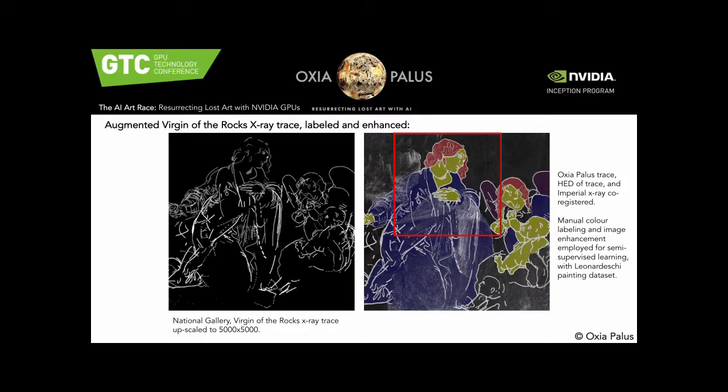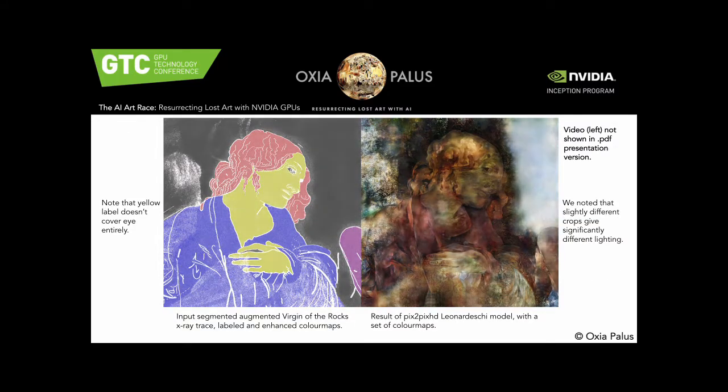We've also labeled that image so that certain features such as skin, hair, and clothing can be more easily identified by the pix2pix model. The red box highlights a segment of the piece that we're going to focus on in the next slide.